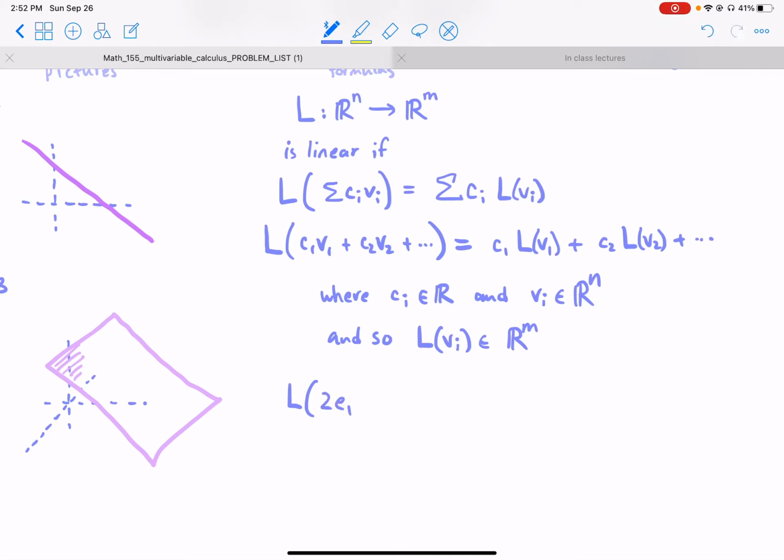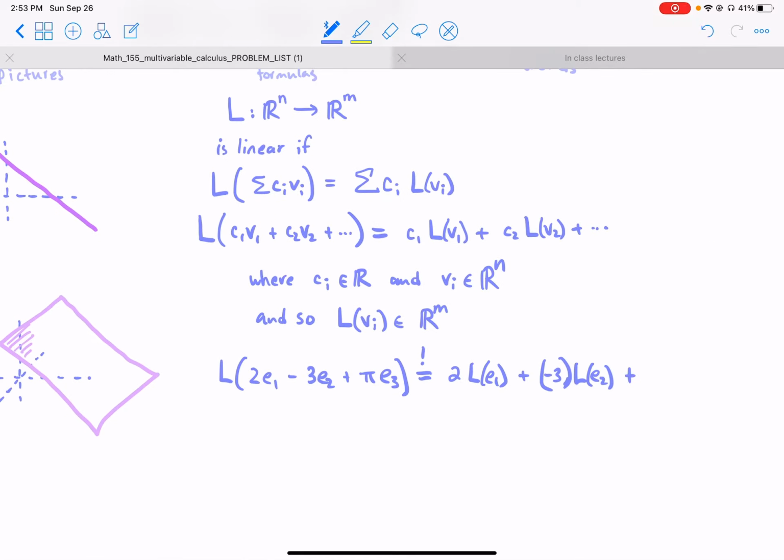If I had 2e1 minus 3e2 plus pi times e3, let's say my input space was R3, then if L is linear, it must be true that this is identical to what we'd get if I first did L applied to e1, then added minus 3 times L applied to e2, and then added pi times L applied to e3.